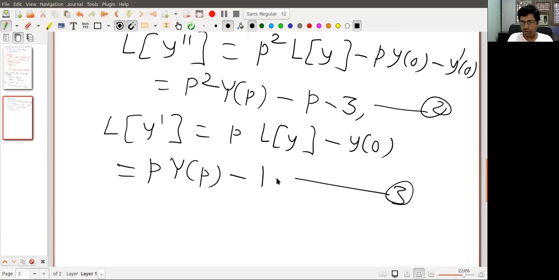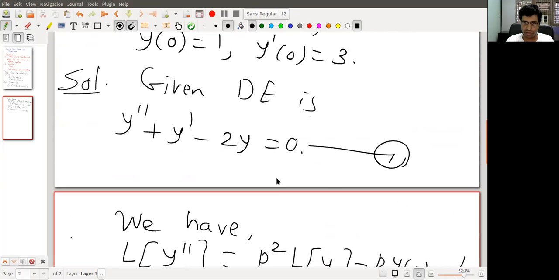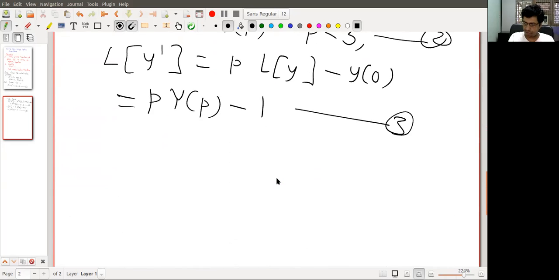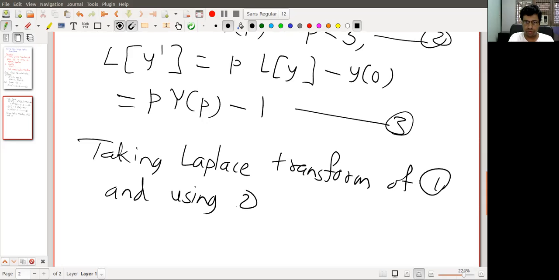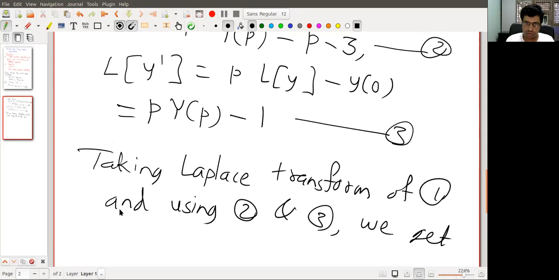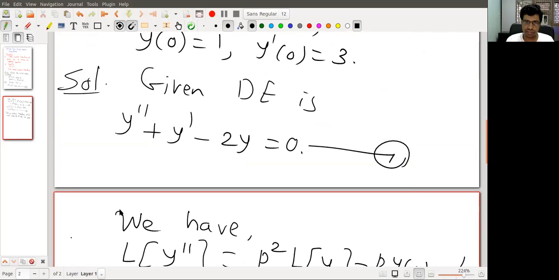We substitute 2 and 3 in the Laplace transform of 1. So taking Laplace transform of 1, and using 2 and 3, we get. So what is Laplace transform of given differential equation?